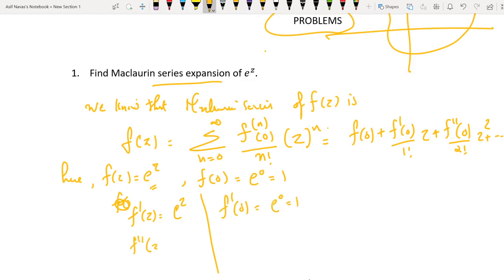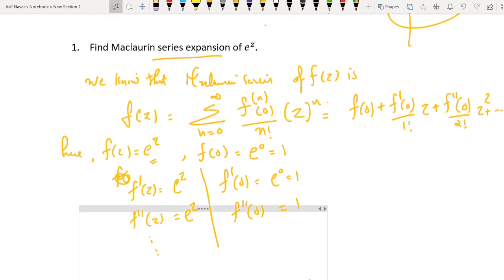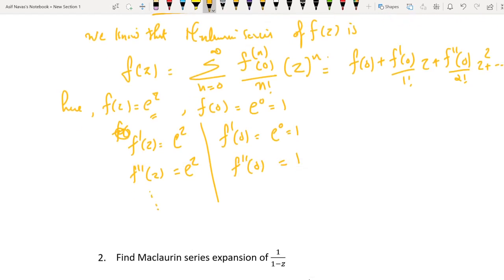What is f double dash of z? This is again e raised to z, and f double dash of 0 is again 1. Similarly, if we continue like this, the nth derivative of e raised to z is e raised to z, and at 0 it is equal to 1.